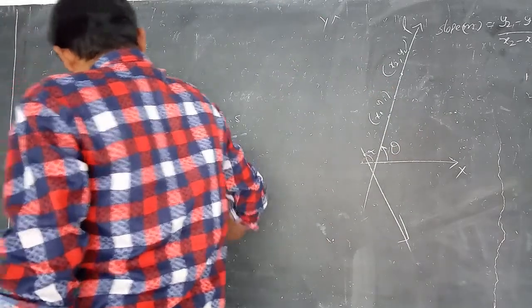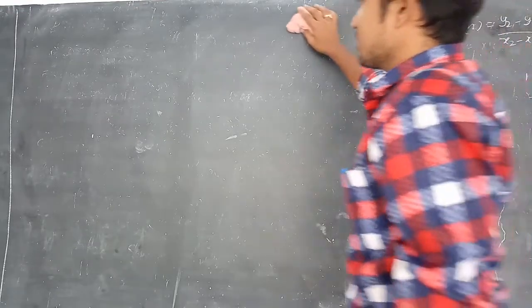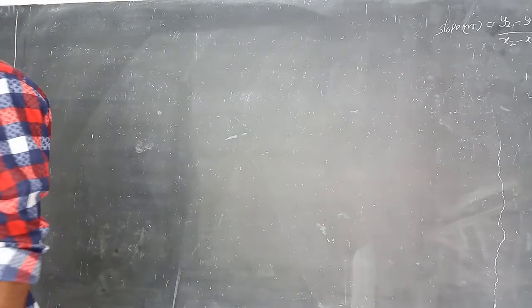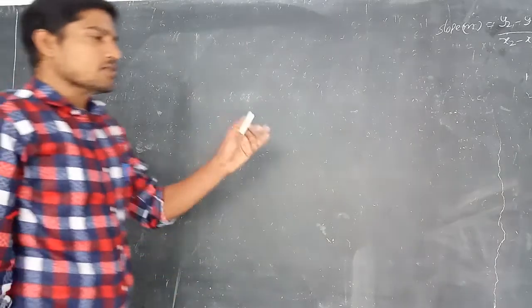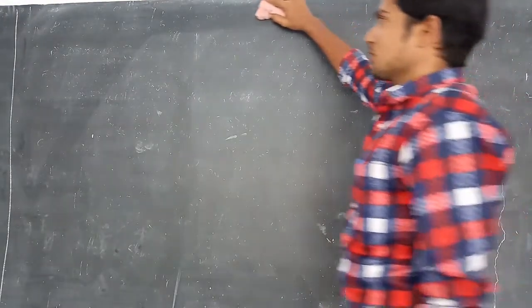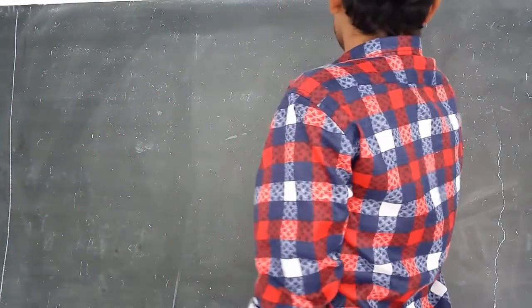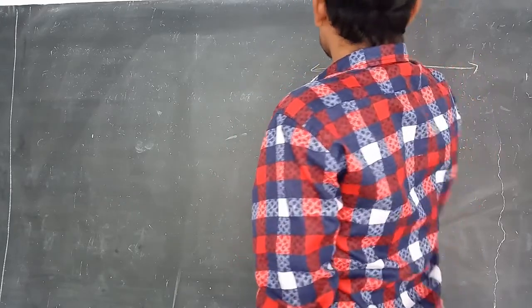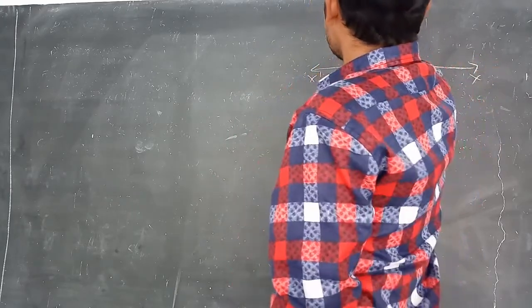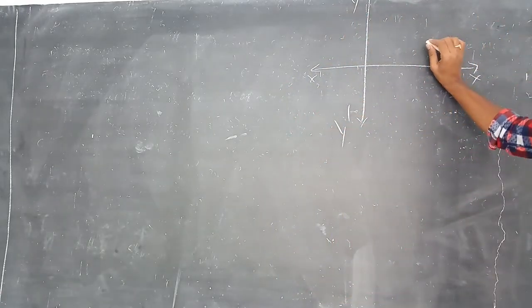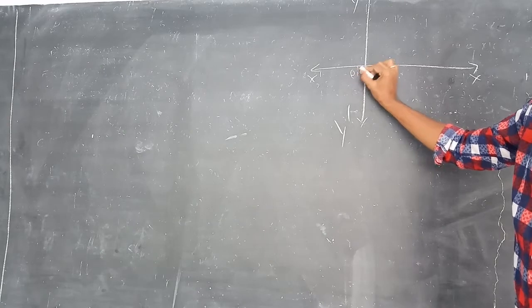We have to discuss more things here. One is that if a line is parallel to x-axis, then the equation of the line is y equal to k. If a line is parallel to y-axis, then the equation of the line is x equal to k. X dash, y dash, origin, coordinates 0, 0.